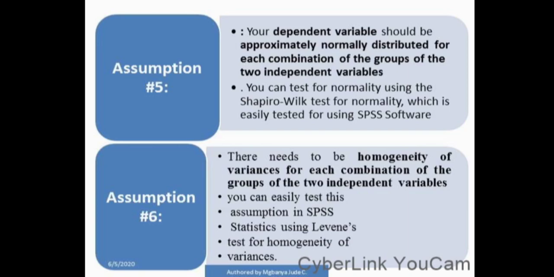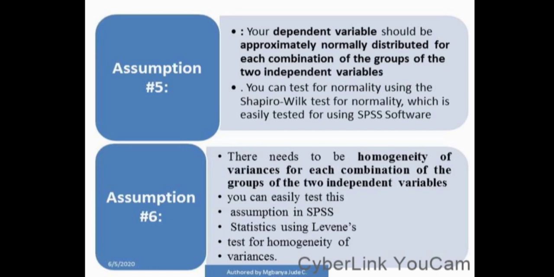Then assumption 6 says there needs to be homogeneity of variance for each combination of the groups of the two independent variables, and this can be tested using Levene's test for homogeneity of variance. So if your objectives meet all these 6 assumptions, that means the appropriate tool for you to analyze that is two-way ANOVA.